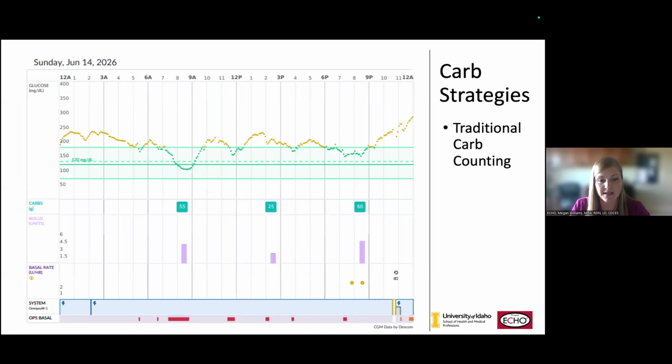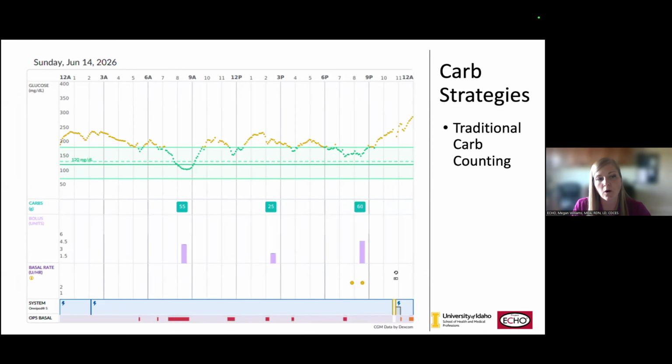You can also see this is a patient who is a more realistic looking view as to what traditional carb counting would look like. But she brings up a very important point for a lot of our patients. What happened is I would pick the day before we go through this data together, and I would say, okay, what did you have for dinner? And her 8 p.m. 60-gram meal was actually closer to 120 grams of carbohydrate.